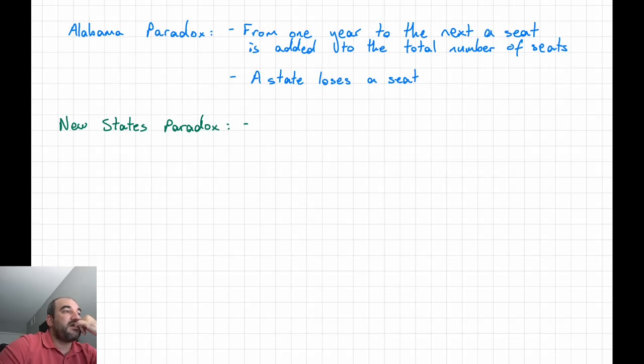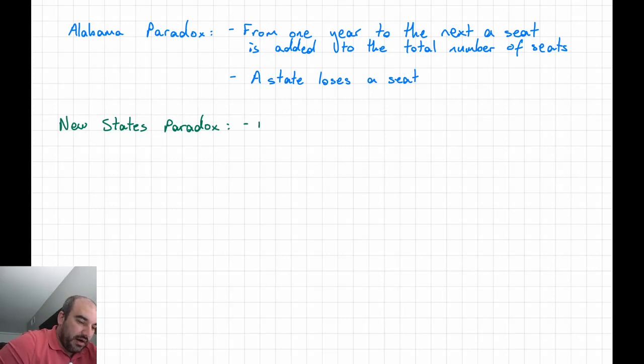The new state paradox is when we have one more state, and then we also add 2 seats, causing one of the older states to gain a seat and then one to lose a seat. Okay, good. Not necessarily 2 seats. It depends on what the new state is, but that's perfect.